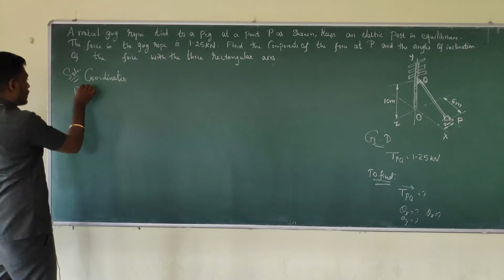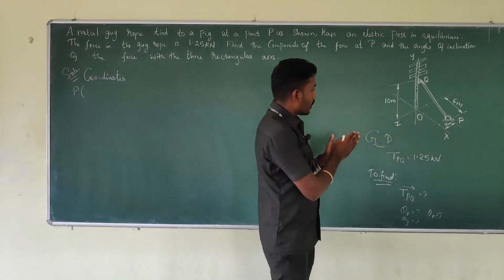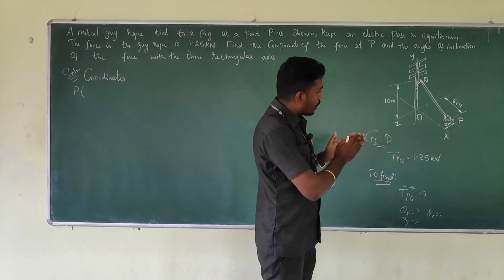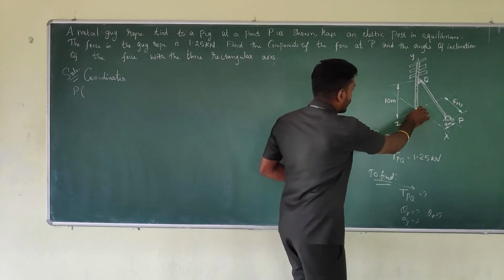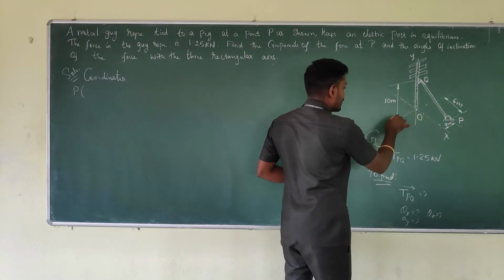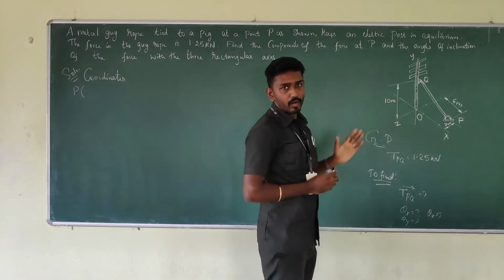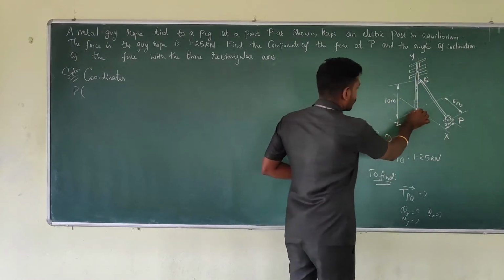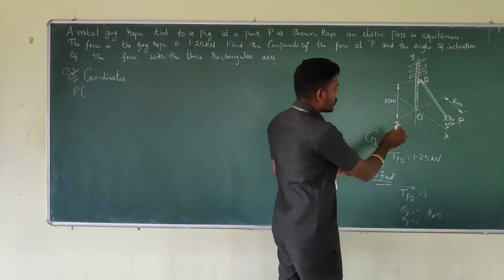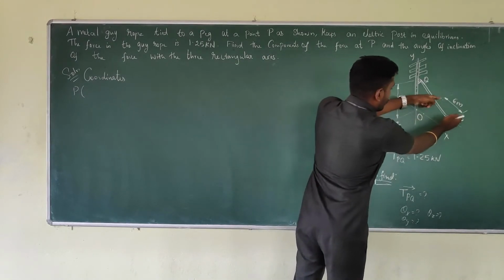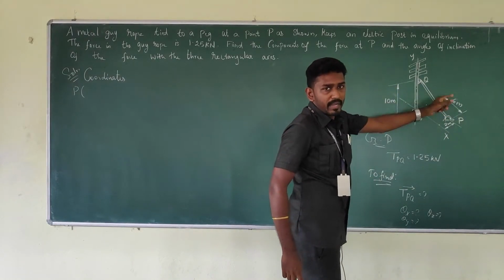First P. What about the X distance? Try to identify how far it is from the point O. This is O. I can say this is the Z direction, this is the X direction, and this is the Y direction, as already given in our question. So find out how far this point P is from O. I can say it is 6 meter, right?